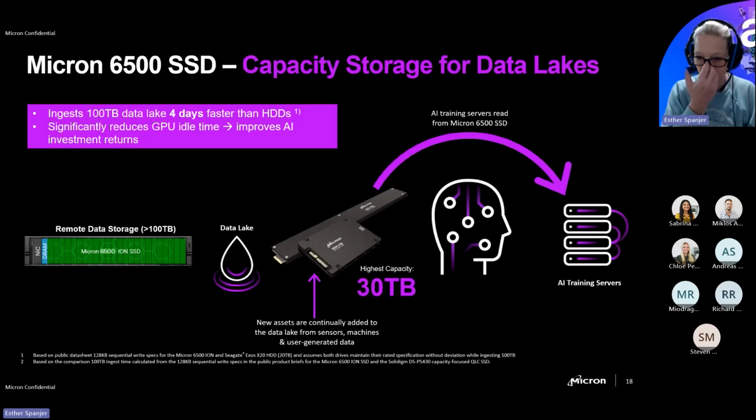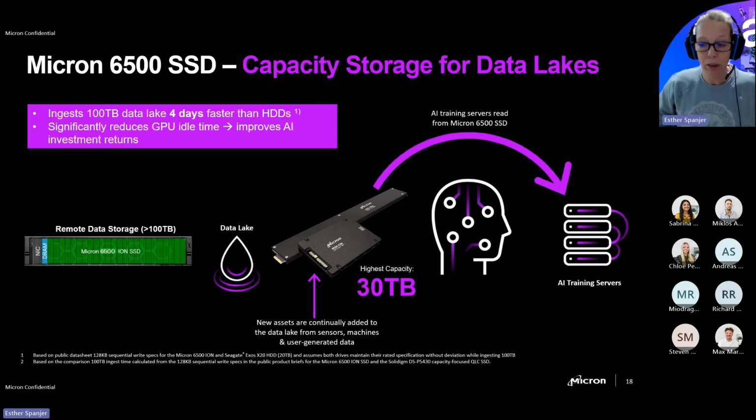So in the past, typically these network storages were based upon hard disk drives. We came up with a very high capacity SSD, which is mostly read intensive, and is lower cost than your typical SSD. And so by providing very fast storage but for more moderate cost, you can replace your hard disk drives and get to a situation where your GPUs are not sitting idle.